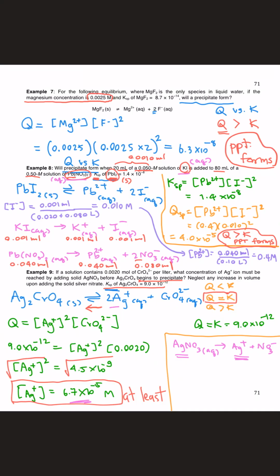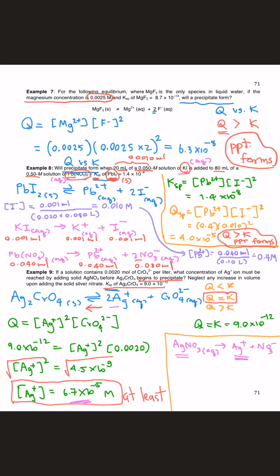When you look at example 8, you can see that potassium iodide contains the iodide ions that are in common with the iodide ions in the lead iodide. Same thing for the lead nitrate. Lead nitrate contains lead ions that are in common with the lead iodide. Therefore, whenever you see species that are present in two substances in common, we call these the common ions.